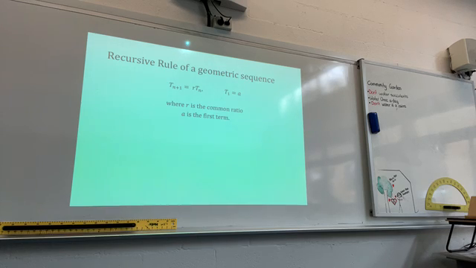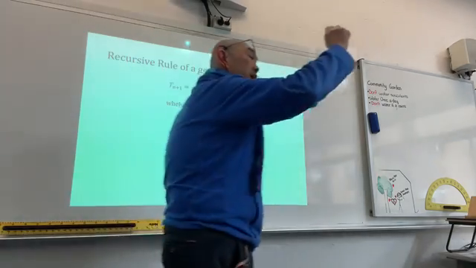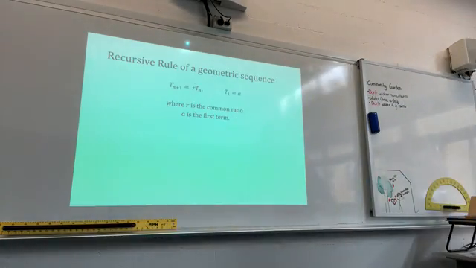R is the common ratio and A is the first term. We use D as the common difference; here we use R as the common ratio and A is the first term.